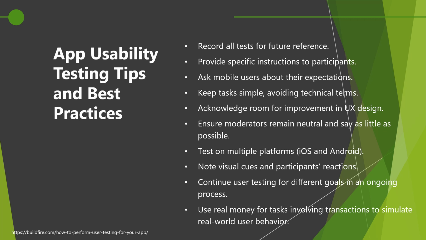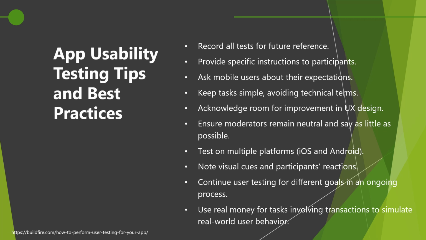Ask mobile users about their expectations. Keep tasks simple, and avoid technical terms and things like that. Acknowledge room for improvement in the UX design. Ensure that your moderators remain neutral and say as little as possible. And then test on multiple platforms.